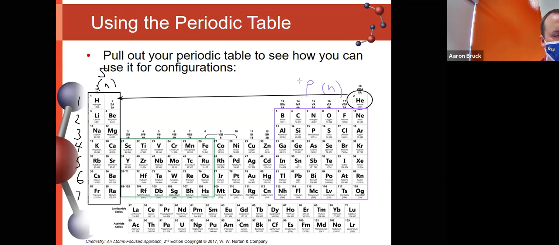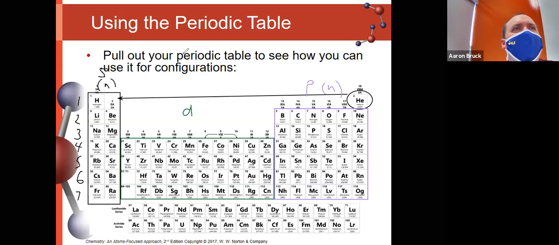The transition metals going from scandium to Copernicium. This is the D block. Now, starting with the D block, things get a little bit funny because it's not the period number that we're looking at. It's actually going to be the period number minus 1.